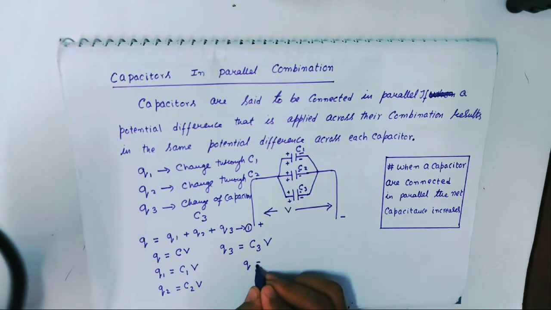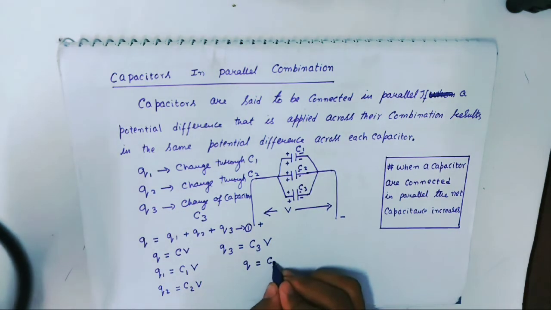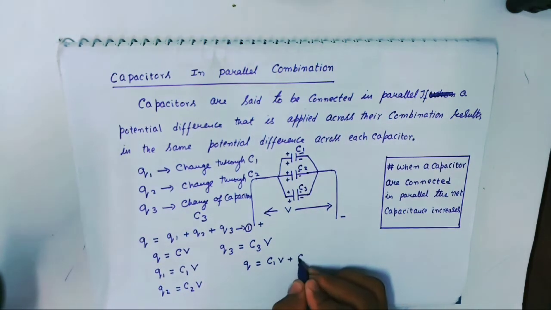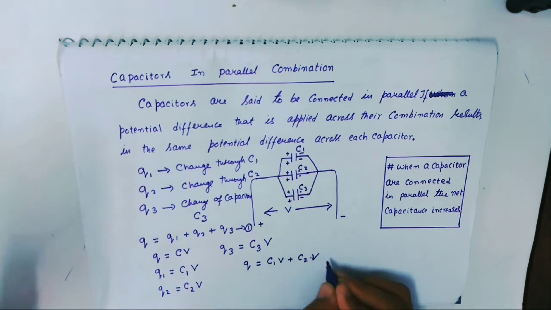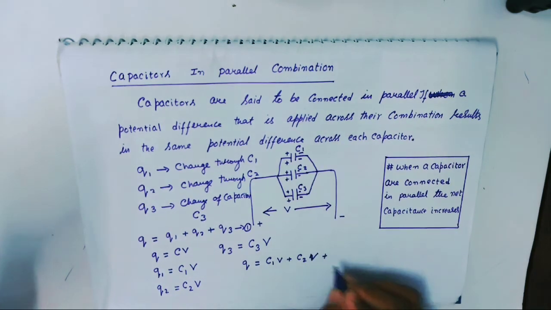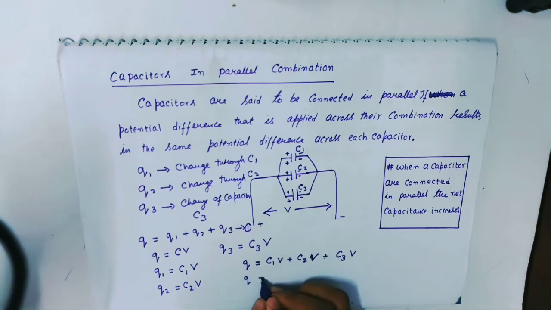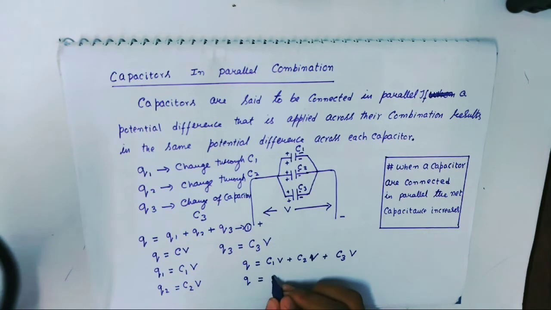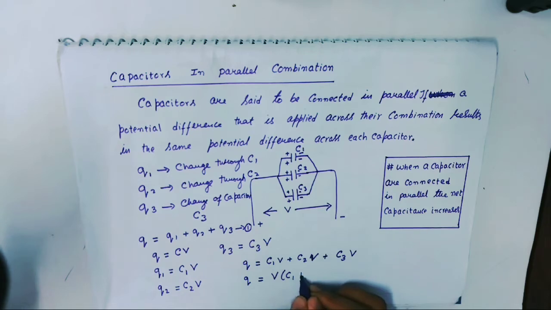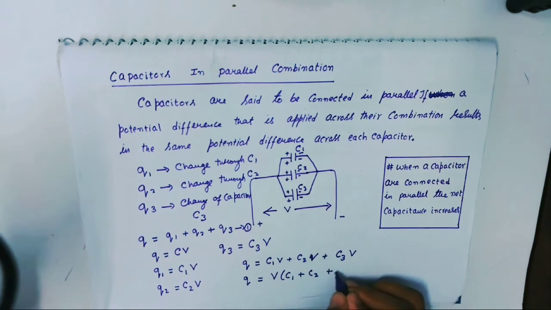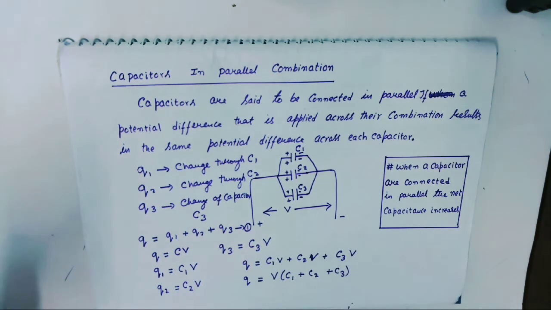this Q is equal to C1V plus C2V plus C3V. So this Q, from here we can take common V. So C1 plus C2 plus C3.